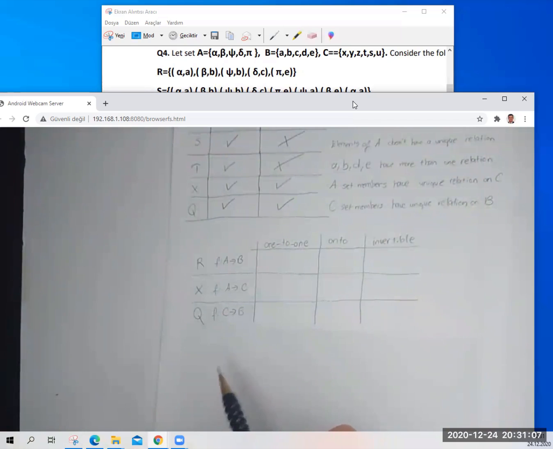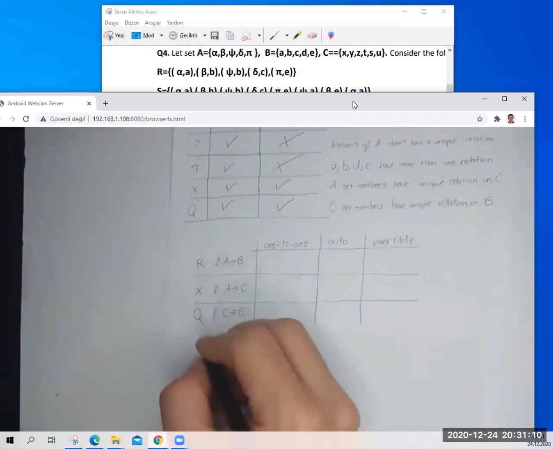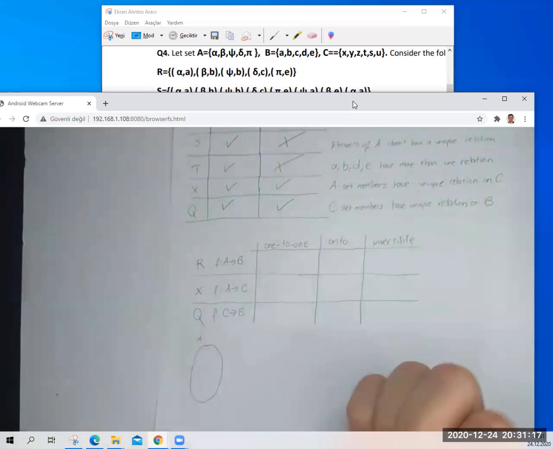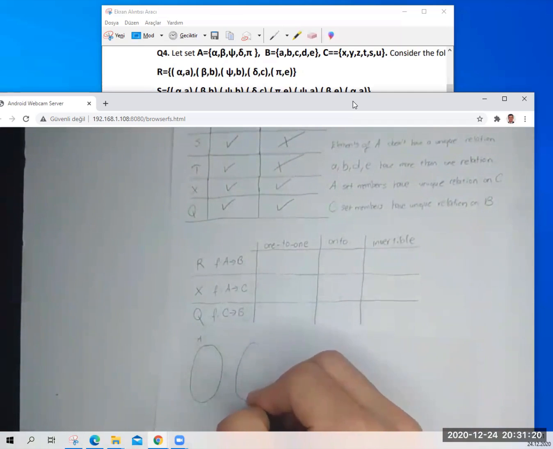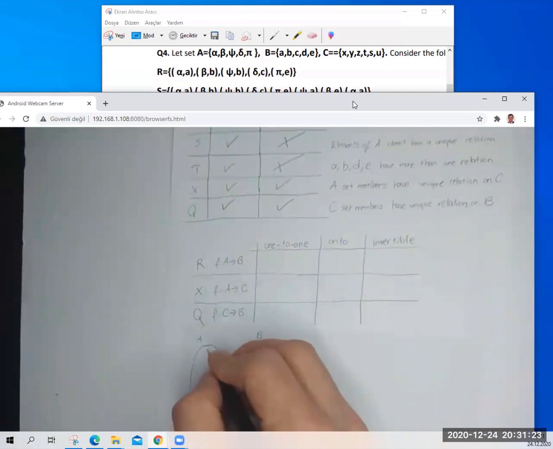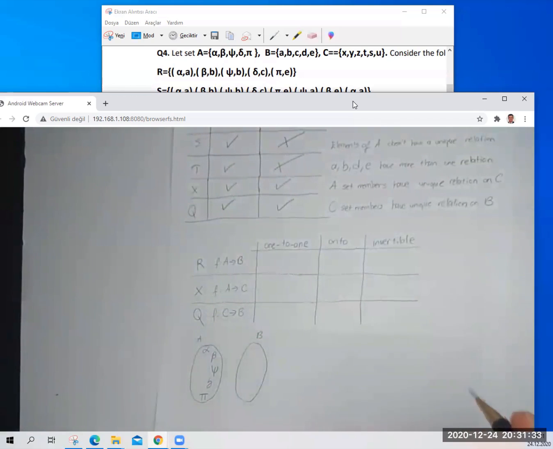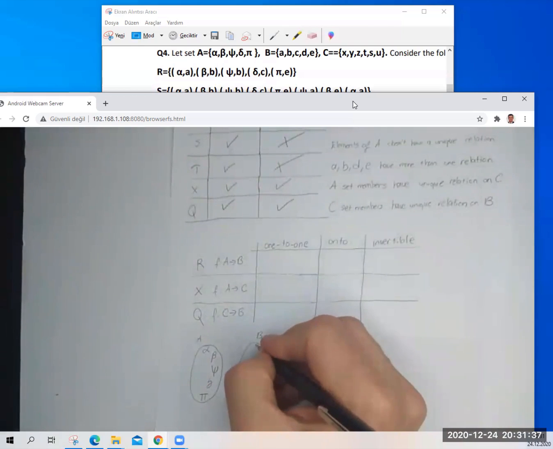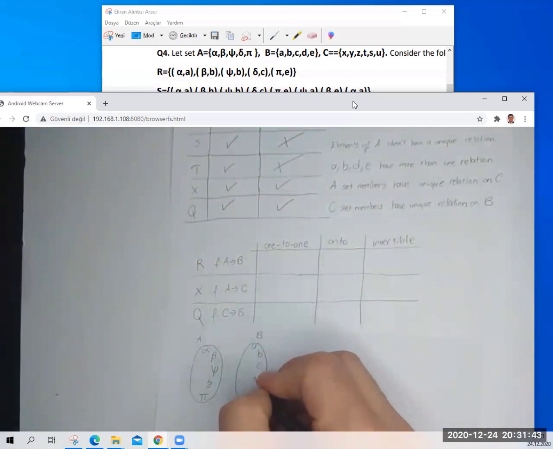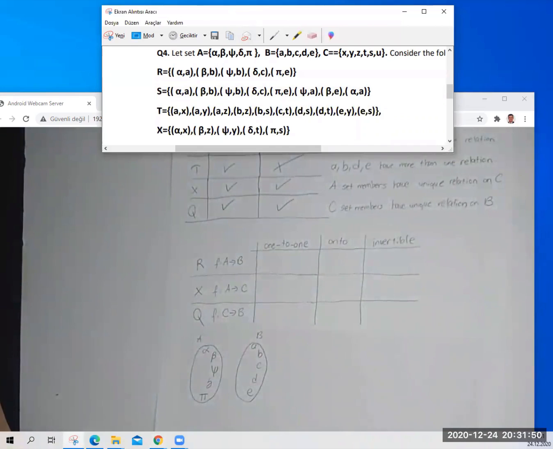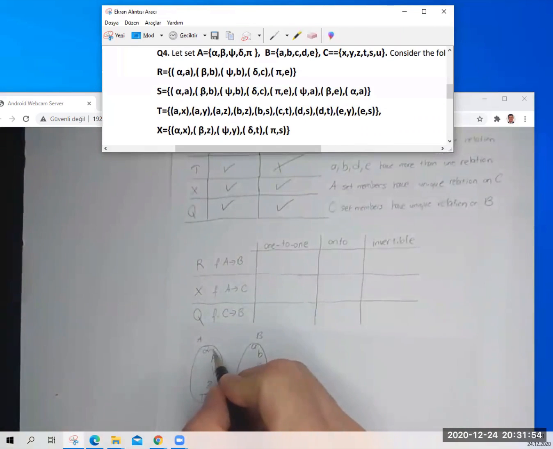So if I look at function R, it is from A to B. Alpha, beta, psi, delta, pi are members of A. There is set B: A, B, C, D, and E. So what is R?